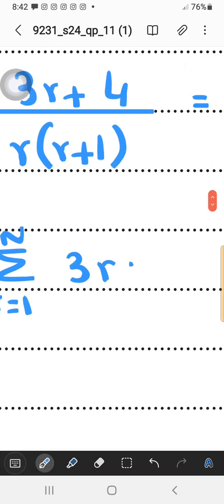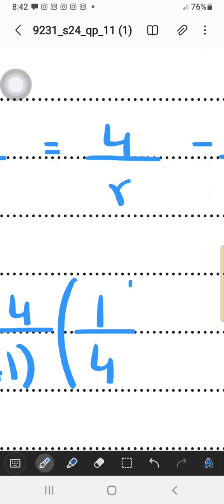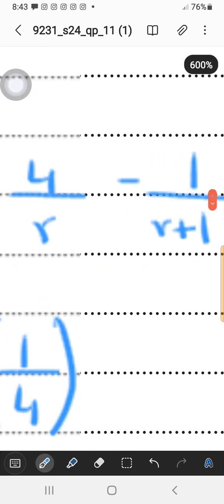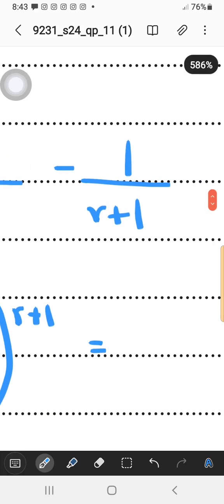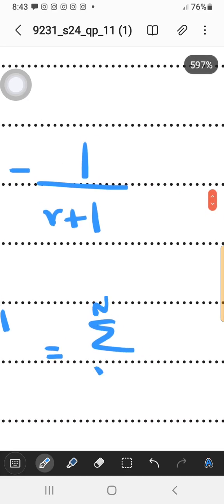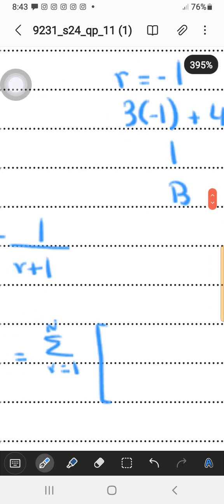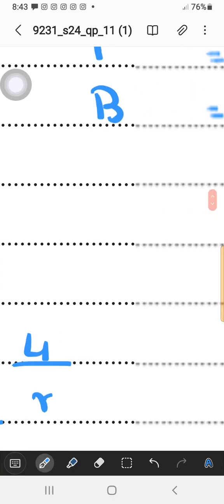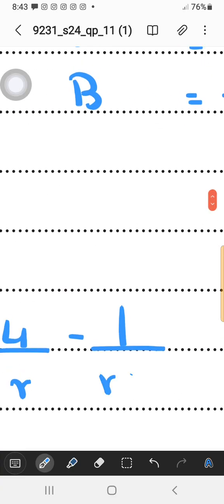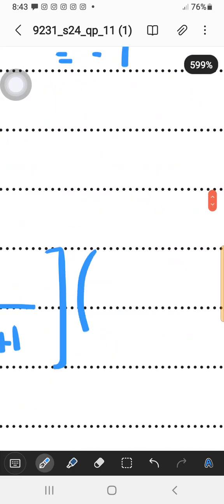We will write 3r plus 4 upon r plus 1, then 1 upon 4 r plus 1, is equal to the sum from r equal to 1 to n of what we got as a partial fraction, 4 upon r minus 1 upon r plus 1, bracket close, and it is getting multiplied by 1 upon 4 r plus 1.